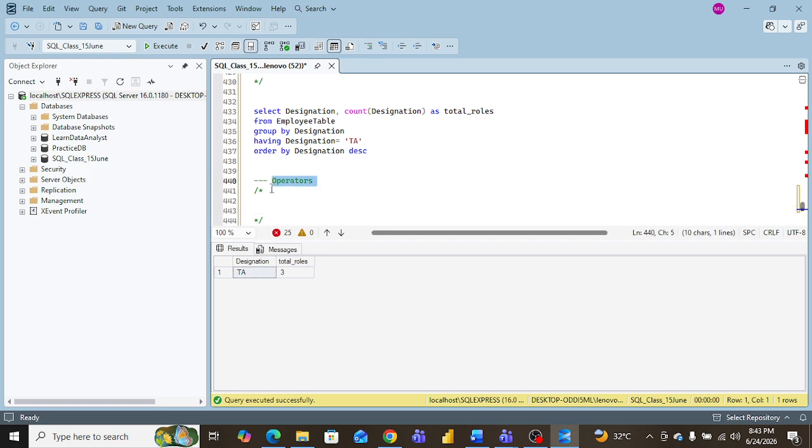Symbols or operators are symbols used to perform the operation, right?